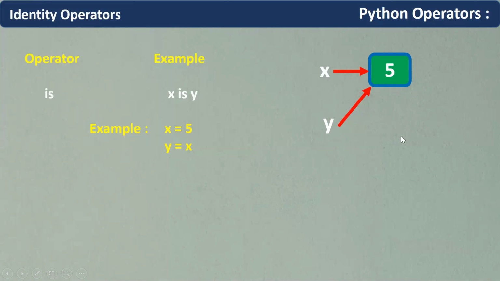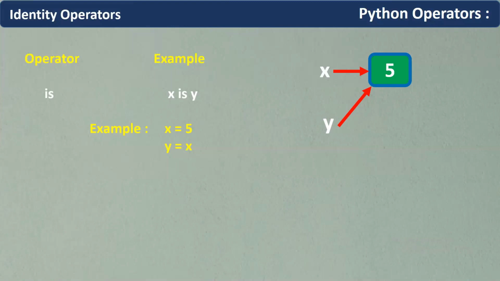That is the beauty and intelligence of Python. Whenever you have repeated values, it does not allocate memory separately for every repeated value. Only one time memory is allocated, and all variables that have the same value are bound to the same object. In this way it maintains them. Is it clear? So this is one of the identity operators.